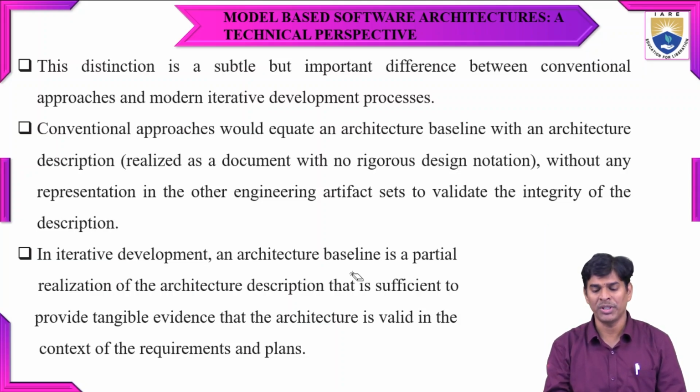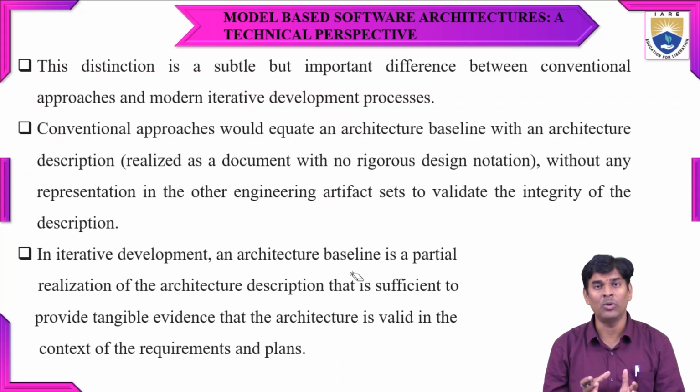In the conventional approaches, when taking this architecture baseline, they mainly go by the documentation, which sometimes may not be provided, and the validity of the integrity is also questionable. That is why the conventional approaches cannot guarantee the success rate when taking complex or large projects. Whereas in iterative development, the architecture baseline is partial.